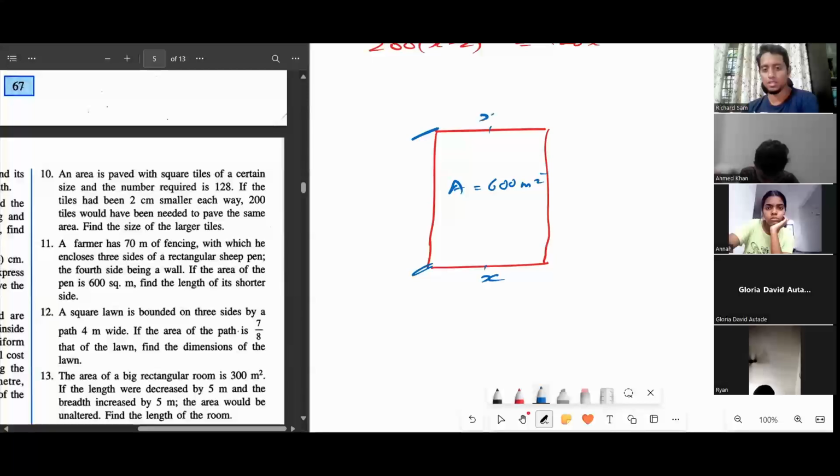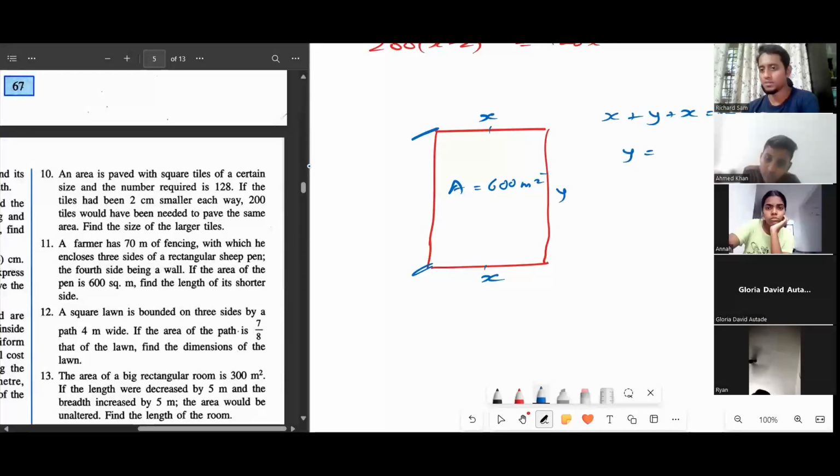This will also be x. And this longer side, if you add these 3, it's 70. Let's take it y for now. So x plus y plus x will be 70.